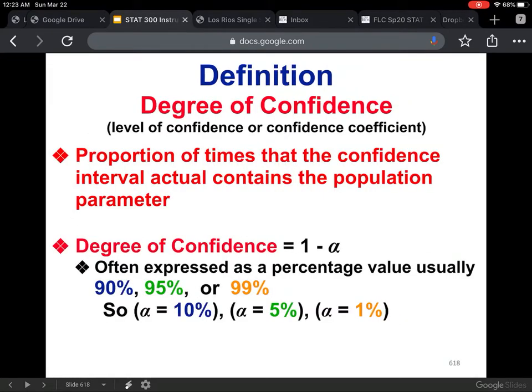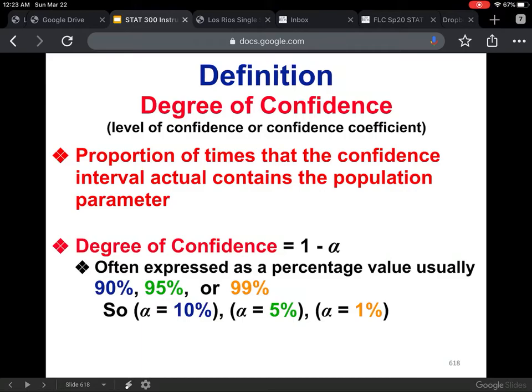So there's a degree of confidence that we have, the proportion of times that the confidence interval actually contains the population parameter, right? How many times do I expect the population parameter will actually be in the confidence interval?